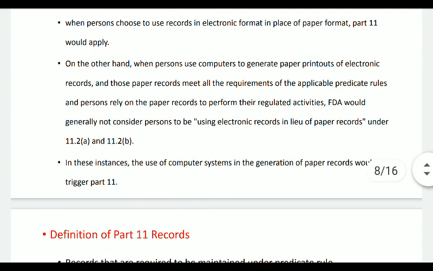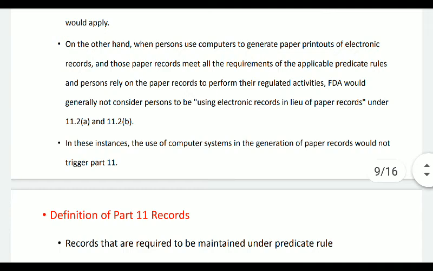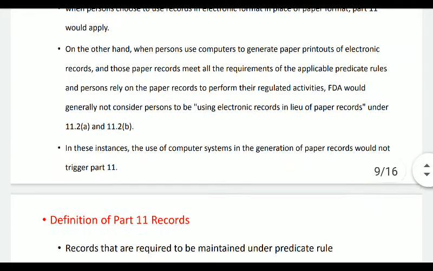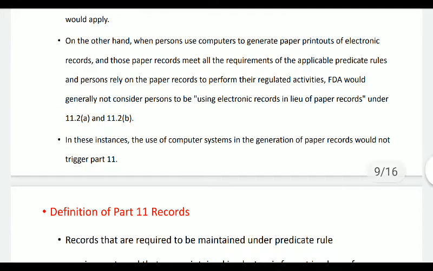This means if, during the inspection or submission, instead of submitting electronic data, you take printouts of that electronic data and submit a hard copy, the US FDA or other agencies would not consider that data under Part 11.